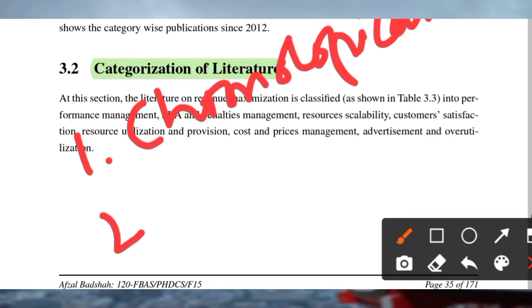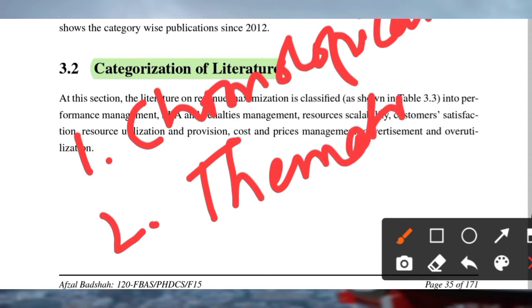The second is what I have done: I have categorized all my literature according to theme. My topic is how to maximize the provider revenue. Provider revenue can be increased in different themes. If we adjust the performance, it can increase the provider revenue.